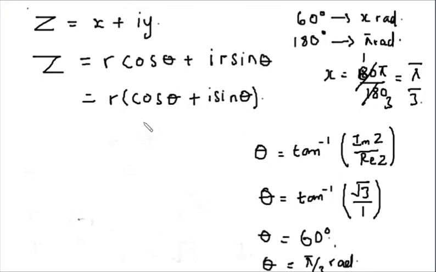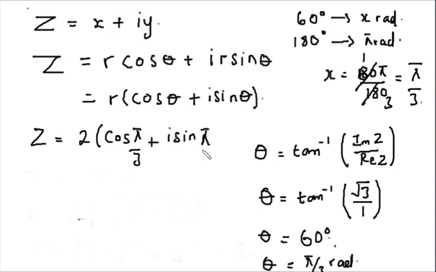So z equals, r was 2, open bracket cos of the value in radians, so we have cos pi over 3 plus i sin pi over 3. So that's how to convert the Cartesian form of complex numbers to the polar form of complex numbers.